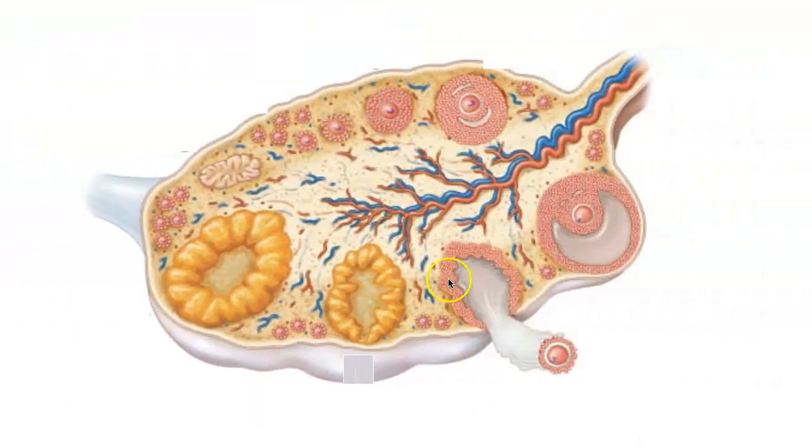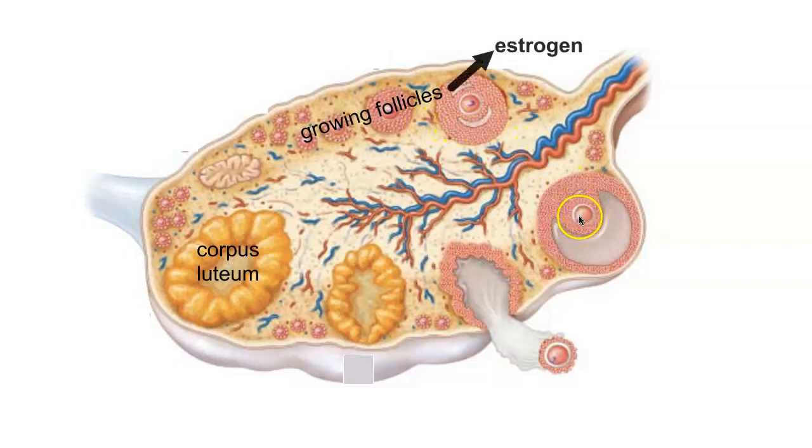After ovulation occurs, the empty follicle repairs itself, and it actually thrives and becomes a structure called the corpus luteum. The follicle that no longer contains the oocyte is still secreting hormones too. We know that the growing follicle containing the oocyte secretes estrogen in increasing amounts as it gets larger.